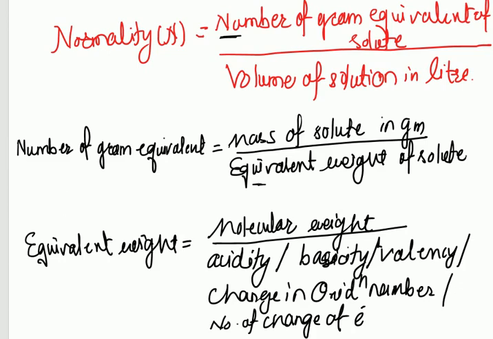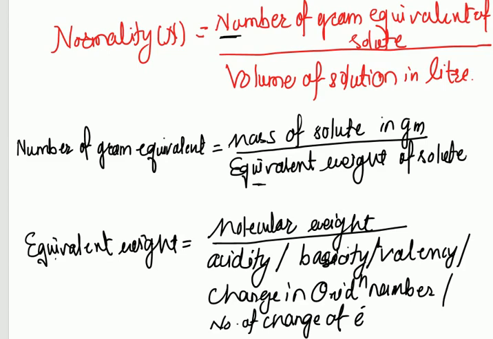It depends on the species. If the species is an oxidizing or reducing species, we divide by the change in oxidation number. If it is an acid or base, we divide by basicity or acidity. If it is a salt, then valency. From that we determine the equivalent weight, and the mass of solute dissolved divided by equivalent weight gives the number of gram equivalents. Then we can calculate the normality likewise.